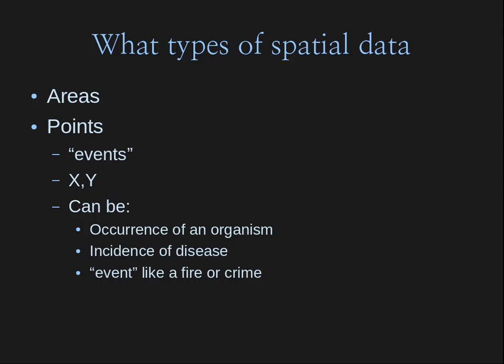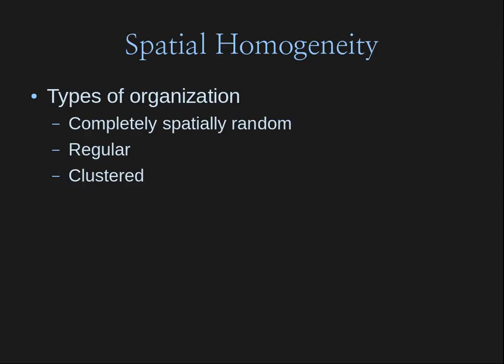And one of the most interesting things about this is when we consider them in populations and consider what's known as their spatial homogeneity. We can break that up into 3 different kinds of organization. First off, the incidence of points in a landscape can be random. There can be no underlying order to where they occur.